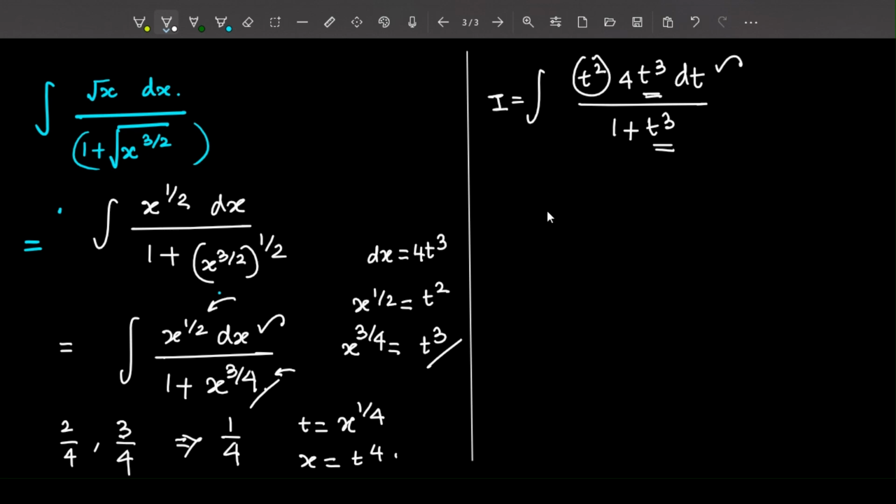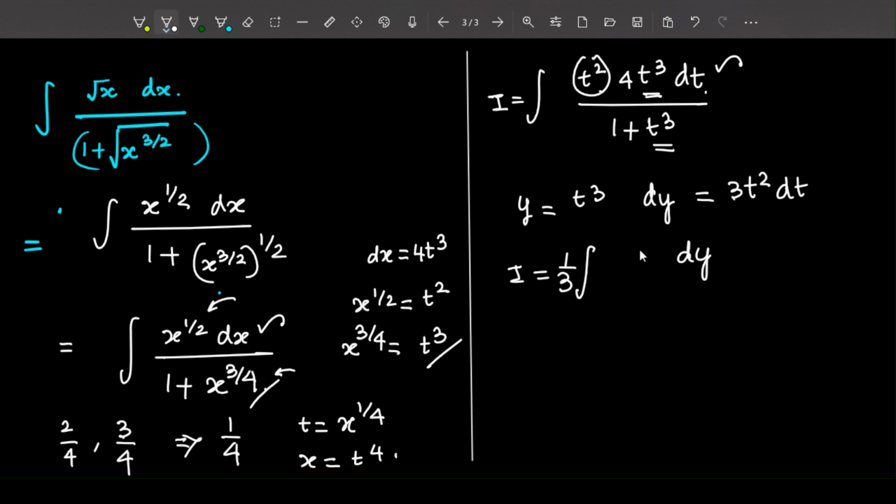Okay. So now I'm going to give one more substitution variable. y is equal to t cube and dy is equal to 3t square dt. Now we can replace all the terms here. So t square dt becomes dy divided by 3, and 4t cube, this can be written as 4y dy, the whole divided by 1 plus t cube.